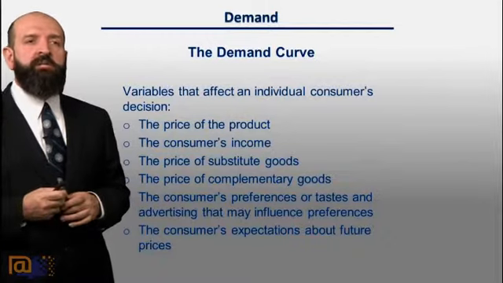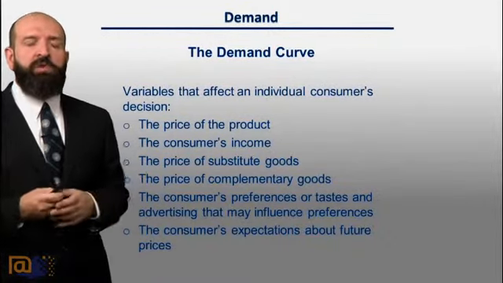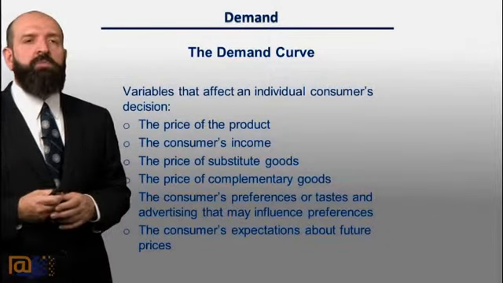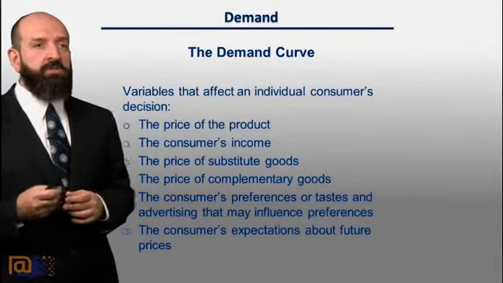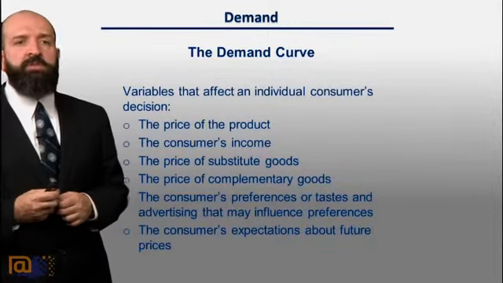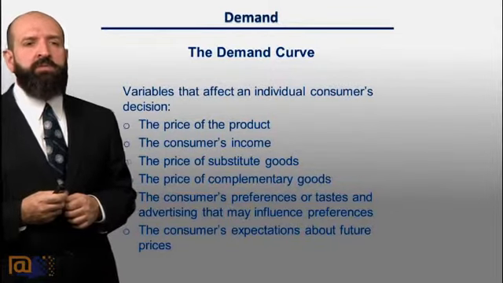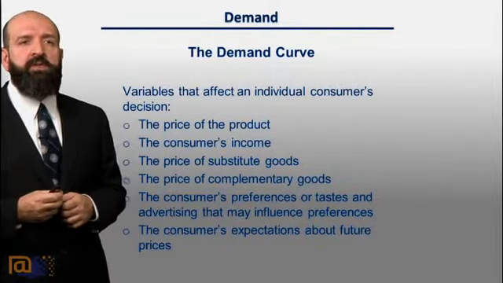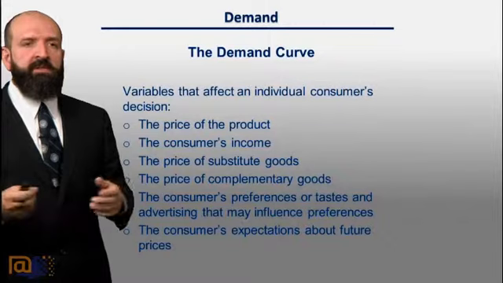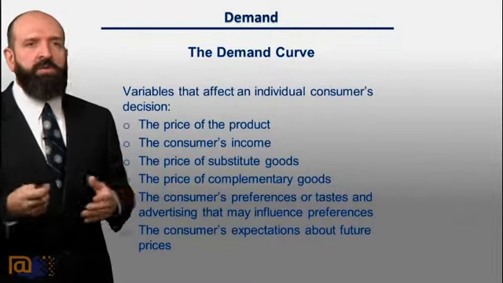What are the other variables that could possibly affect consumers' decision? Other than the price of a product, which is the most important factor, there's also consumers' income. With changes in consumers' income, their quantity demanded will change. The price of the substitute goods, what are the prices of the alternative? That will also affect the decision to purchase or not purchase the product and in what quantity.